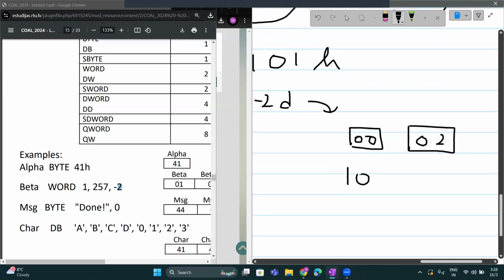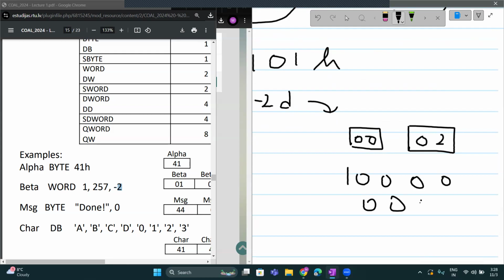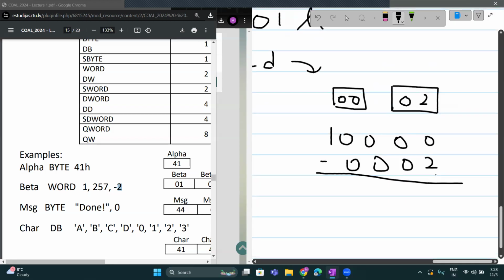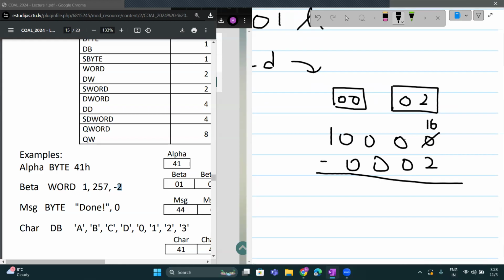And then we subtract this with one extra digit, 0002. And in hexadecimal, instead of getting 10 here, we will get 16 because there are 16 possible values. Instead of getting 9 here, we get 15. Because we are not working with decimals, you have to change accordingly.